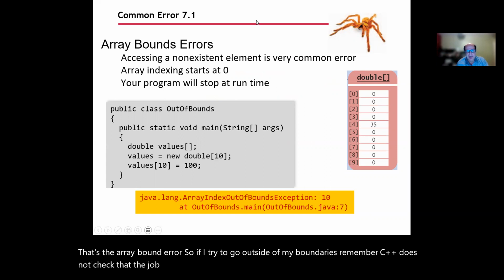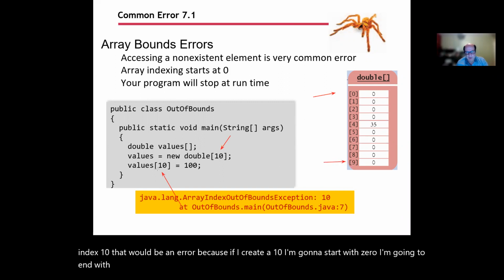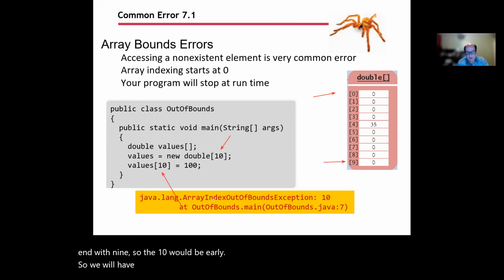So if I have a length of 10 and I try to access the index 10, that would be an error, because if I create a 10, I'm going to start with 0 and end with 9. So the 10 would be an error. We will have an exception, and the exception is array index out of bounds exception. And in the next chapter, we learn how to handle our exceptions.